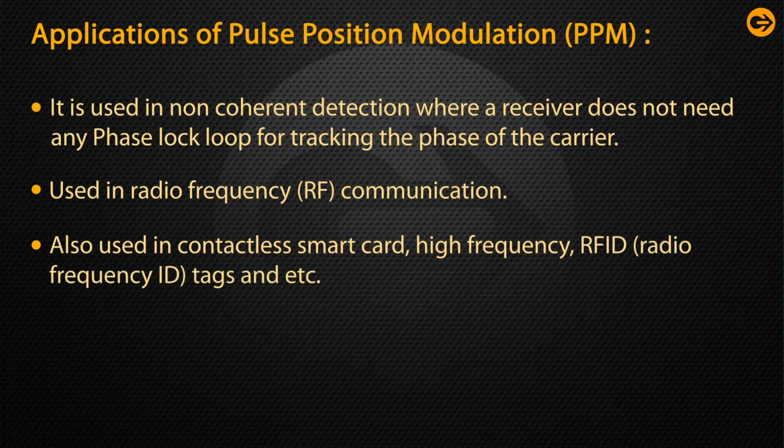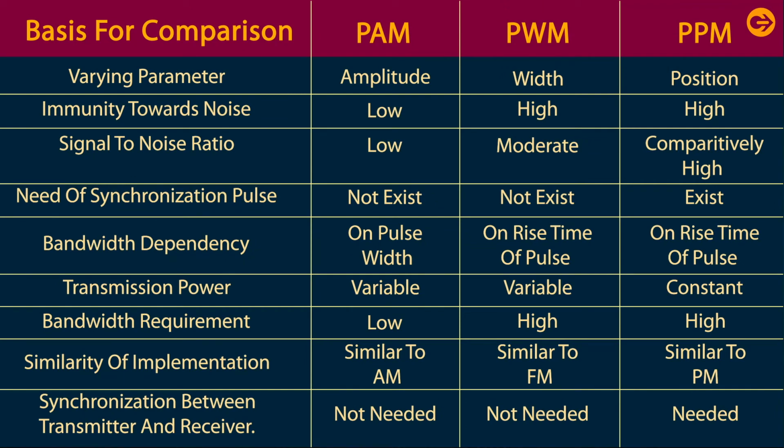Now let us discuss the comparison between PAM, PWM and PPM. The first parameter is the varying parameter. In PAM, the varying parameter is amplitude. In PWM, it is width. In PPM, it is position. The second parameter is immunity towards noise. In PAM, the immunity towards noise is low. In PWM, it is high.